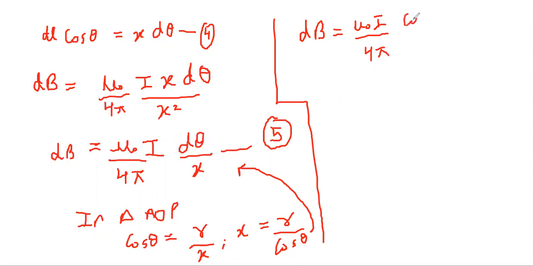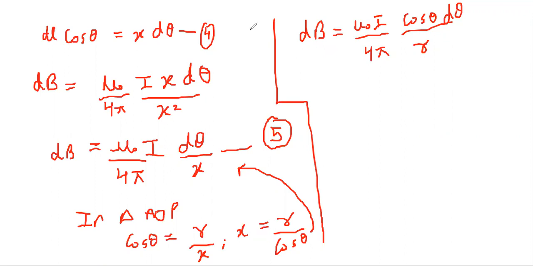So it becomes cos theta d theta by r. Now you want to find the magnetic field. So for finding the magnetic field, you need to integrate this, because integration of dB would give you B.